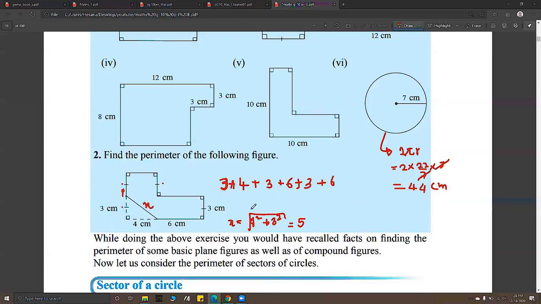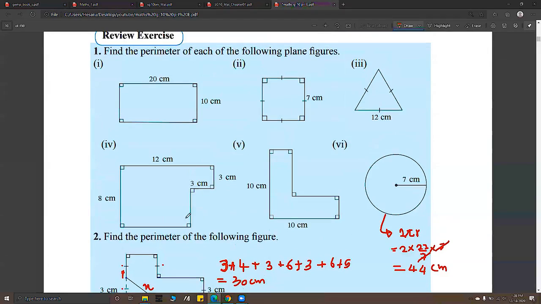So you have to write all these steps. You have to sum up these two and write the step, like that when you are doing it for your exams. So this one is 5. Again you have to add this. So you will get the answer: 3 plus 4 is 7, 7 plus 3 is 10, 16, 19, again 25 plus 5, 30 centimeters.